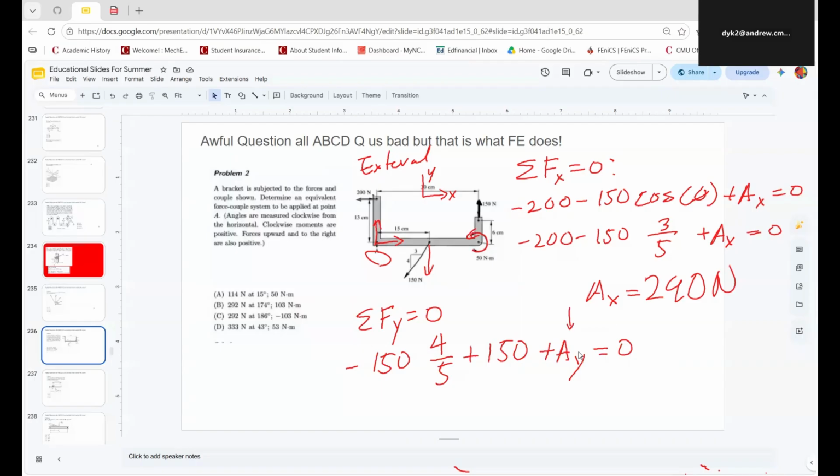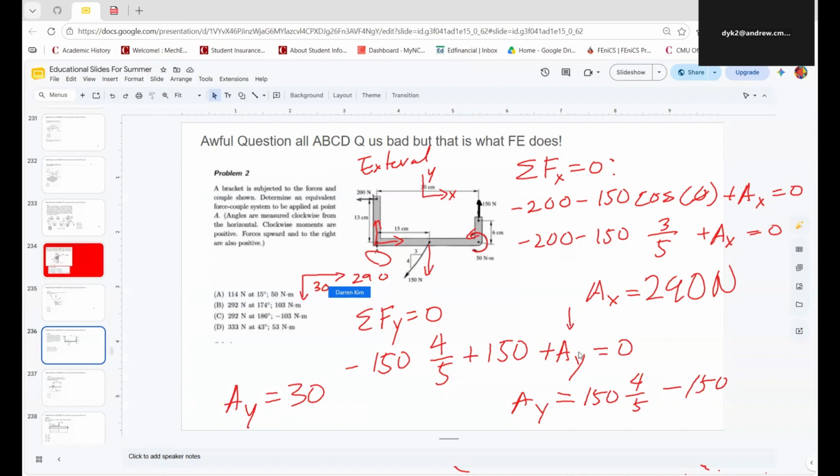So let me do this real quick: Ay equals 150 times 4 divided by 5 minus 150, which equals minus 30. Ay equals 30. So for now, what we have is Ax equal 290 this way, and Ay 30 this way.